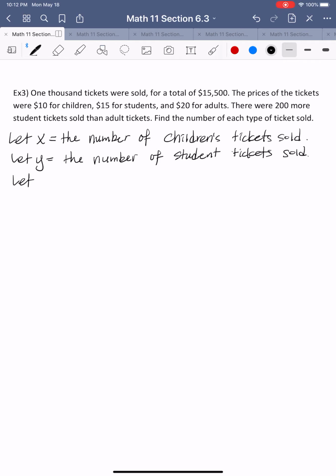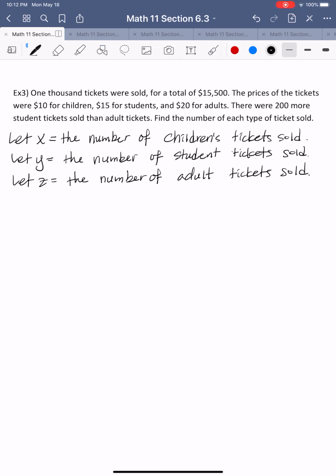And then the last letter z, this is going to be the number of other tickets sold. Okay, so we have x and y and z.